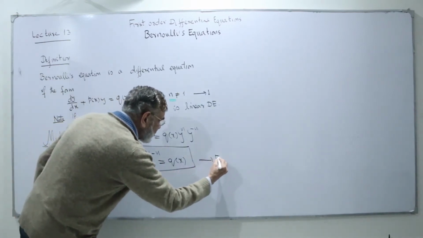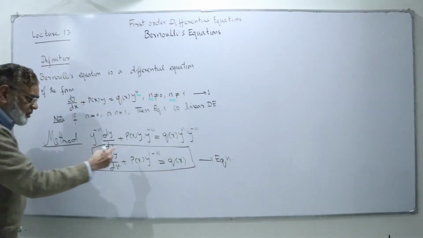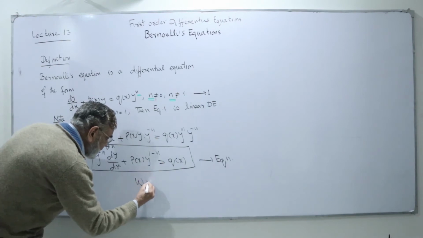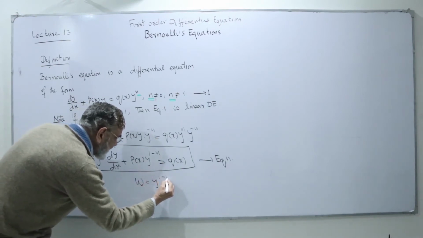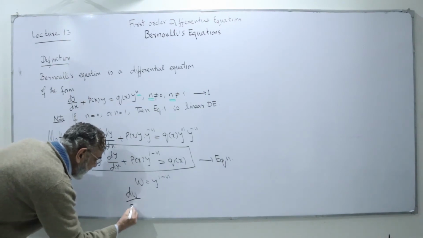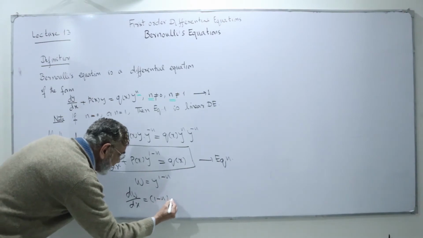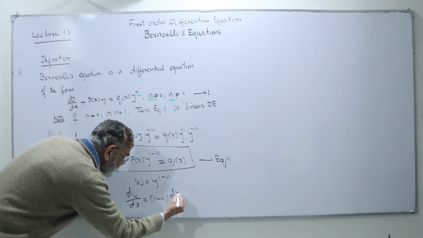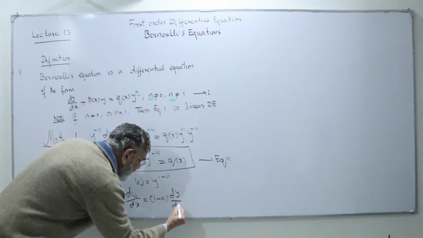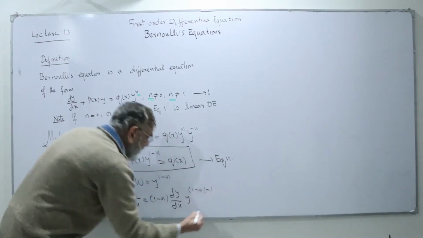This is one form which I just developed by multiplying by y to power n. This I write as my equation 2. Now in this equation 2, I change y to power 1 minus n to w. I make the transformation w equals y to power 1 minus n. I can write dw by dx equal to 1 minus n, then dy by dx, we use the power rule, into y to power 1 minus n minus 1.